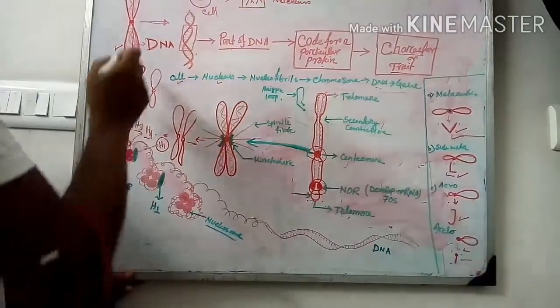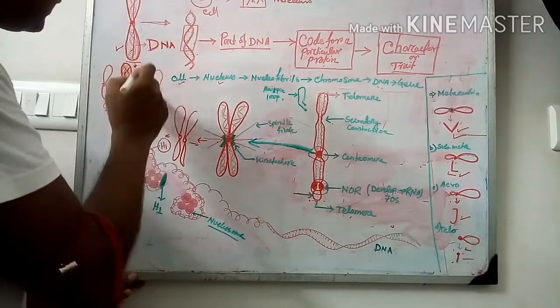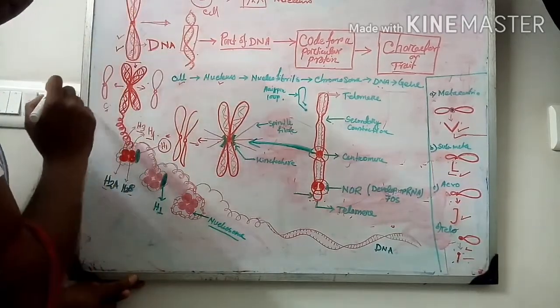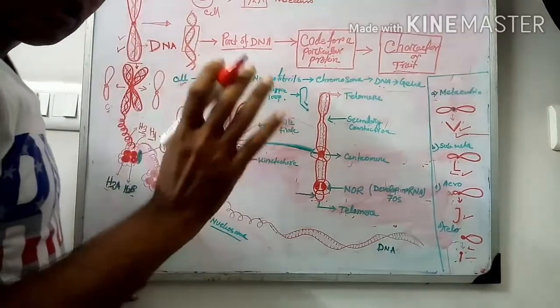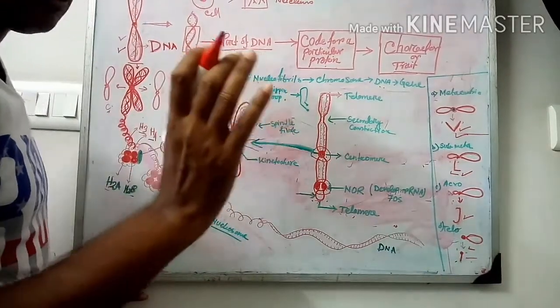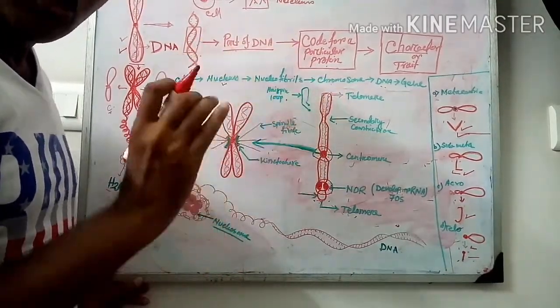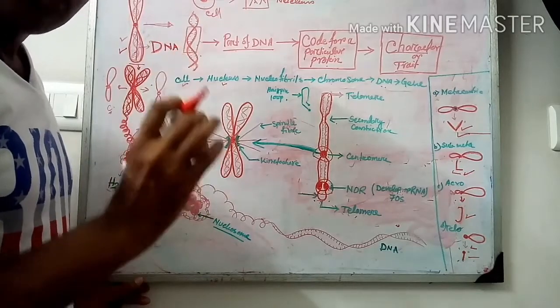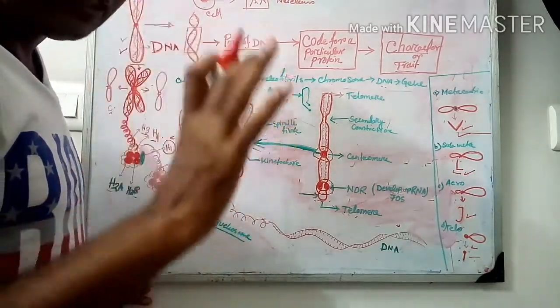Now, let us see the structure of a chromosome. This is a metaphase chromosome, and there are a few terms we normally confuse. Students normally confuse terms like chromosome, chromatid, chromatin, chromonema, and chromomere. These are similar terms and very confusing.